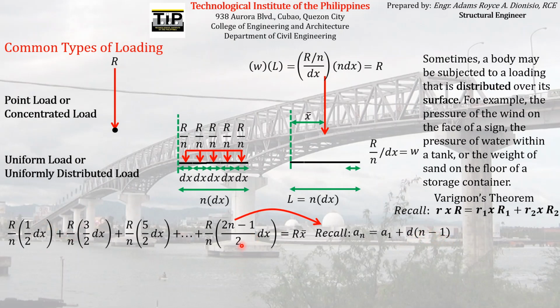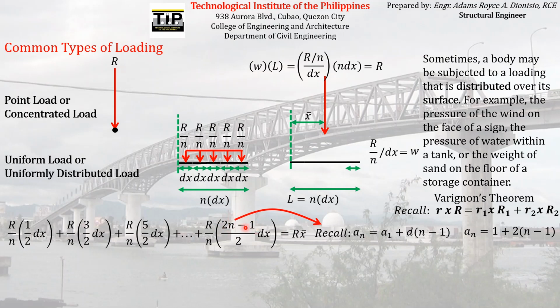So, leave as is mo na lang siya. Substituting those values, lagay mo dito 1, lagay mo dito 2. And then, pag sinimplify mo yan, ang lalabas is 2n minus 1. So, ibig sabihin lang yung last term dito sa progression na to is just equal to 2n minus 1. So ganun ko nakuha yung 2n minus 1 na to.